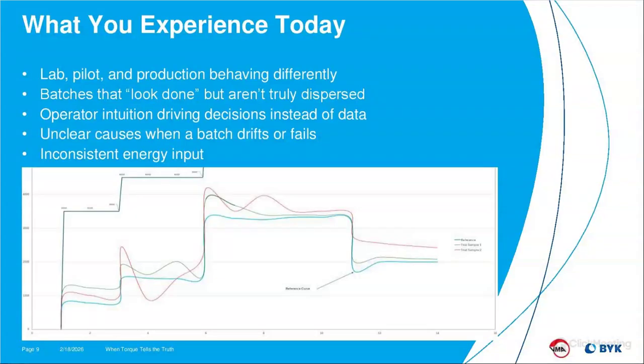That doesn't often lead to increased accuracy or repeatability. What you're also often unclear about is what causes a batch to fail or drift, or inconsistent energy input. Being able to remove a lot of these problems is a bonus for everyone, just by simply measuring torque accurately.